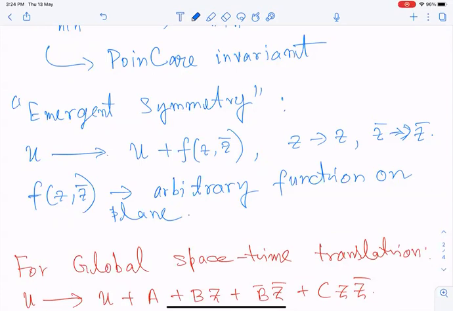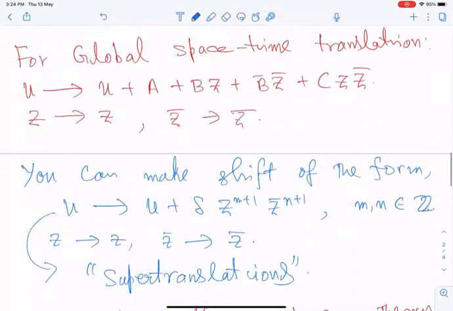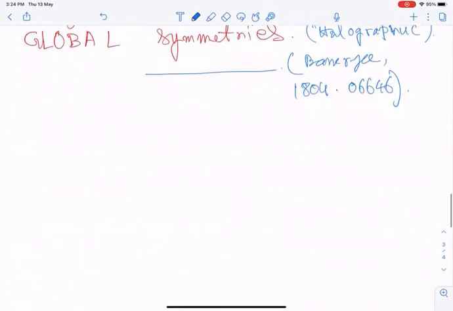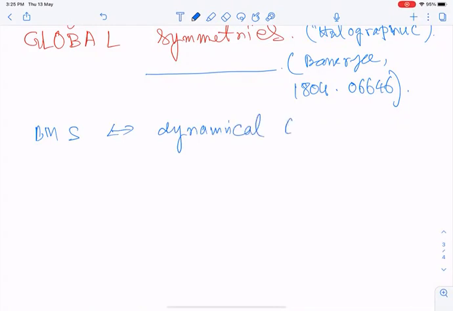In the original formalism of this BMS symmetry case, which actually uses this metric... No, wait. First of all, we cannot really talk about BMS here. BMS, of course, will require a dynamical metric.